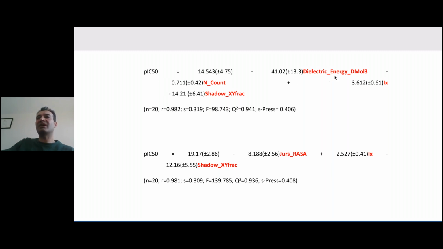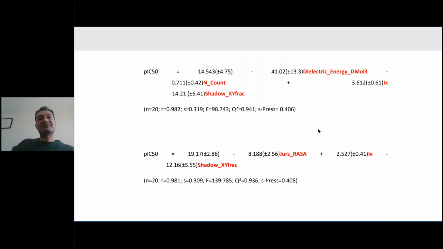The red ones are the parameters, and those are statistical parameters. Each parameter should be in acceptable units. For example, we have correlation parameters here and cross-validation parameter here, and all those are important to validate your model.